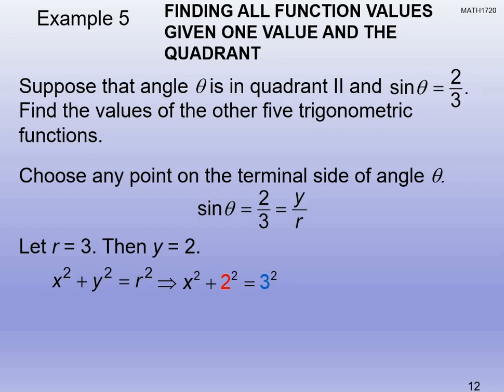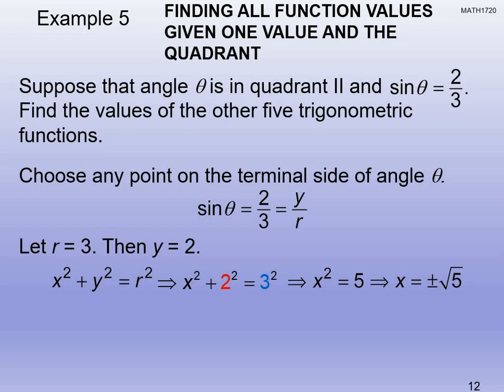When you have to find the missing leg, we still use the Pythagorean theorem. Now it's x squared, x is what we're looking for, plus 2 squared, so that's like x squared plus y squared equals r squared, right? We substitute in the values of y and r and solve for x. So x is the square root of 5 when we solve that.